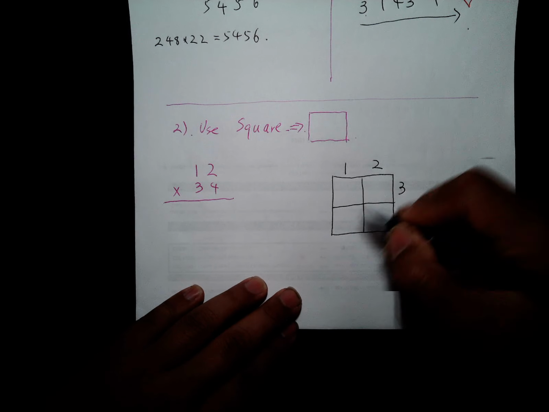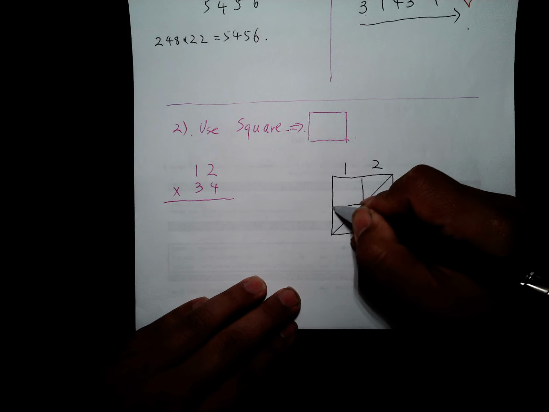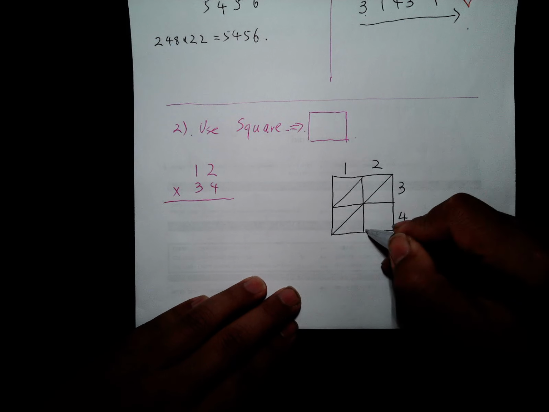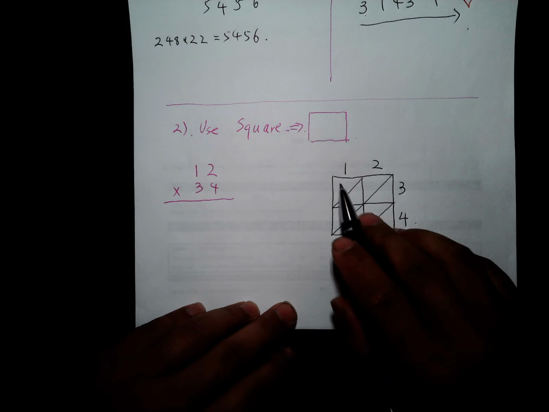Use the tinting line for here, and the other one for here and here. So each one by each one.